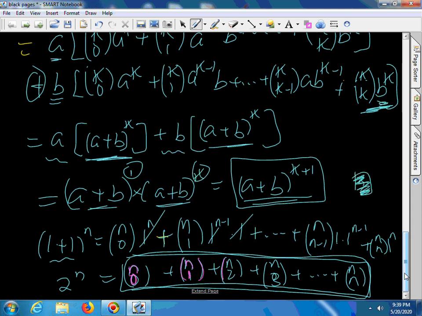You can make subsets of size 2 in n choose 2 ways. And you can make subsets of size n in n choose n ways. And that's going to equal 2 raised to the number of elements in the set. So that's why the number of subsets in a set is 2 to the n.